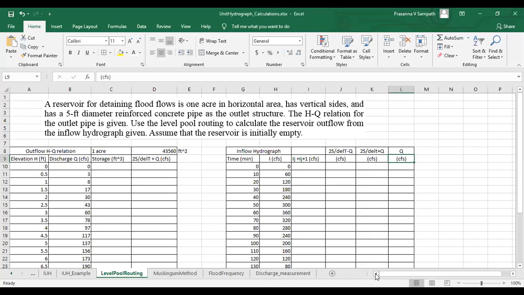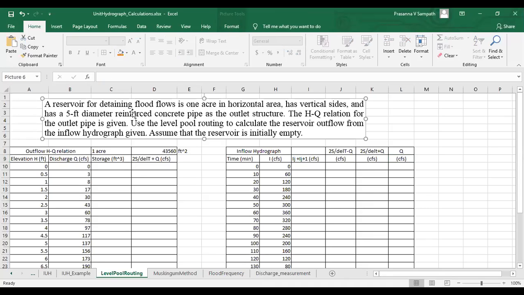Yes, sir. Okay. So the problem statement is again mentioned over here. A reservoir for detaining flood flows is 1 acre in horizontal area, has vertical sides, and has a 5-foot diameter reinforced concrete pipe as the outlet structure. The HQ relationship is given. Use the level pool routing method to calculate the reservoir outflow from the inflow hydrograph given. Assume that the reservoir is initially empty.